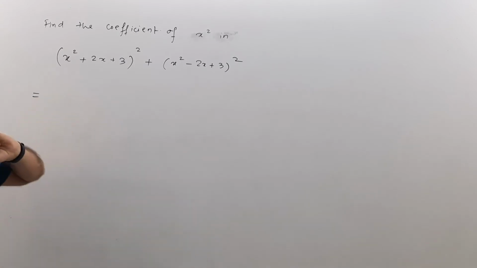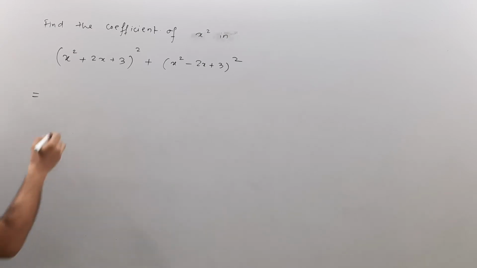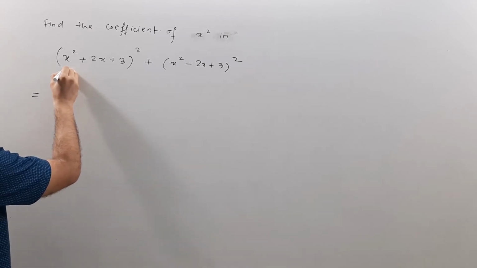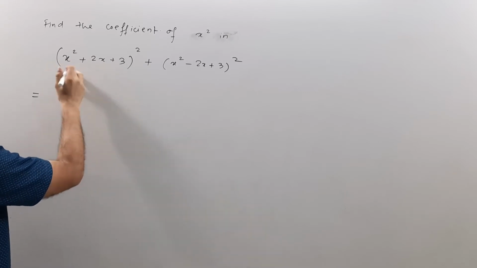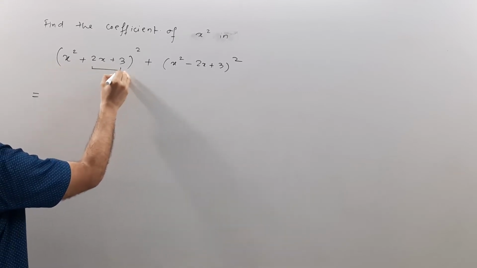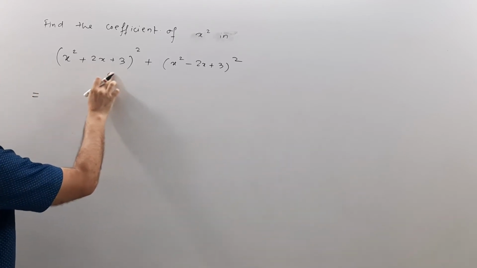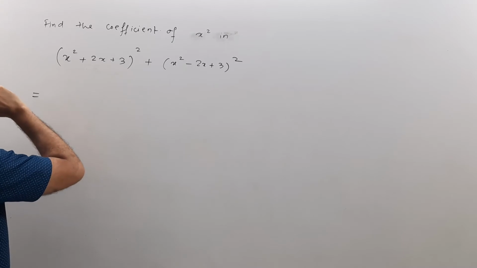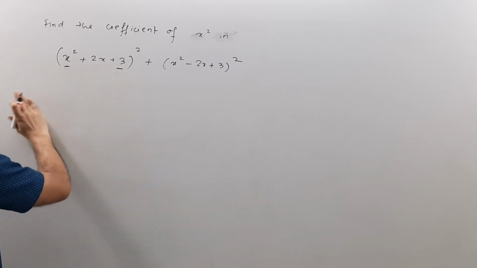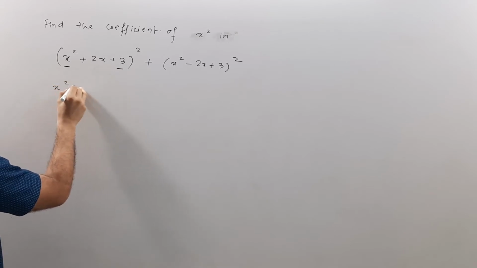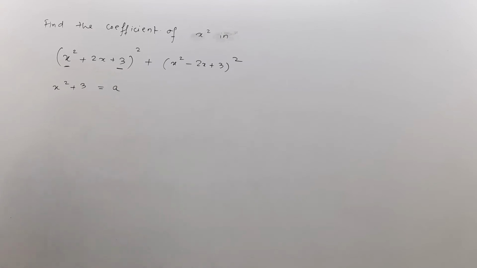So now let us see in what way we can do this problem. I'll do a particular thing and then I'll expand this. We will write this term as A, that is, let us say x square plus 3 as some A for simplicity.